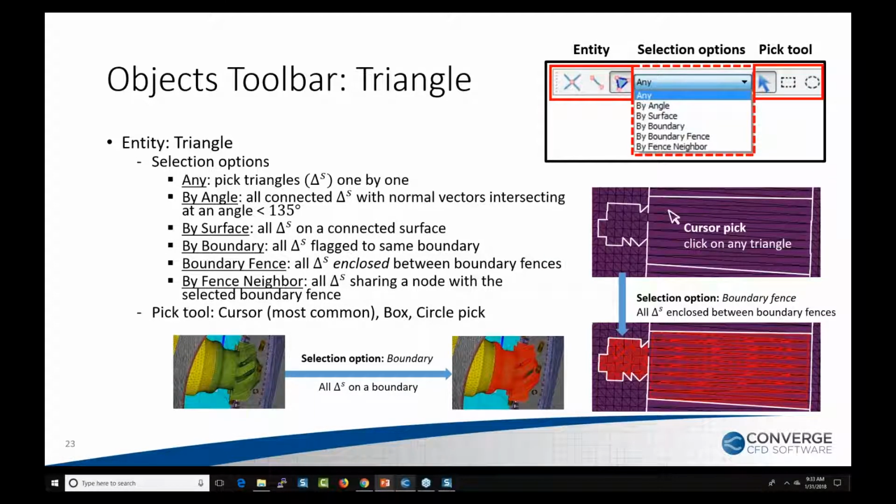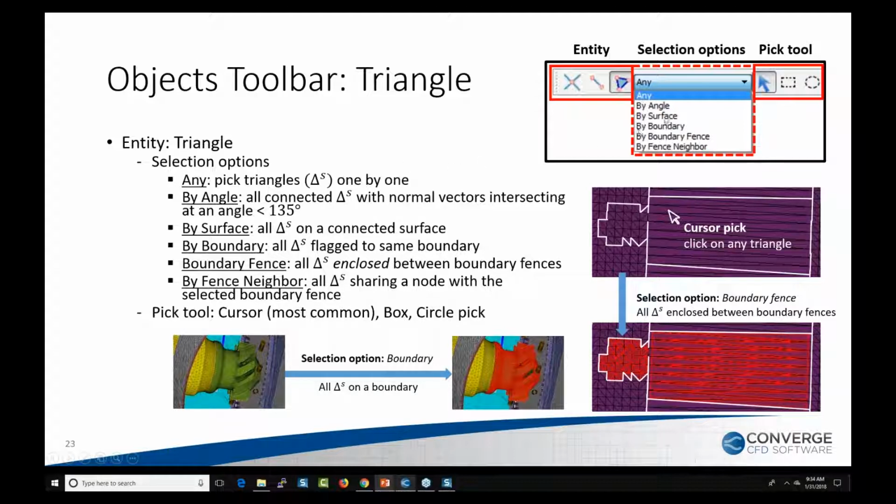Now, if you are in the Objects Toolbar for picking triangles, there are different sets of options available. You may have seen that as we change entities, the selection options change. In entity selection for triangles, you will see a whole new set of ways of selecting triangles. The first one is pick any, in which you can pick triangles one by one.